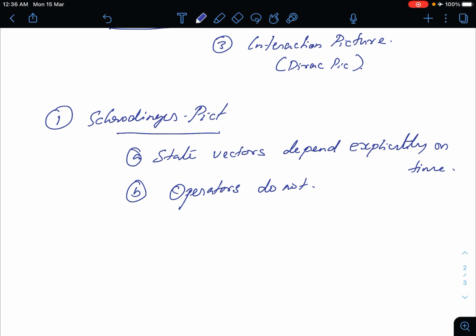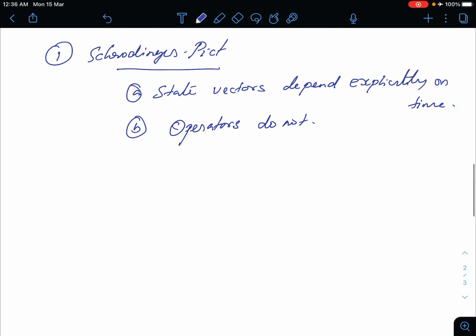That is what you call the Schrodinger picture, which you are so familiar with.